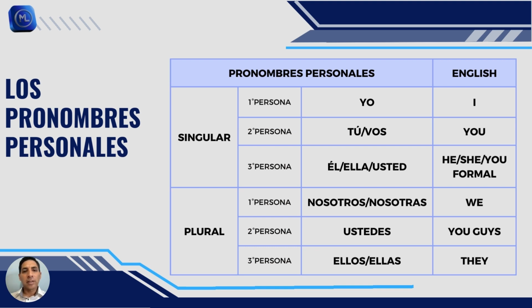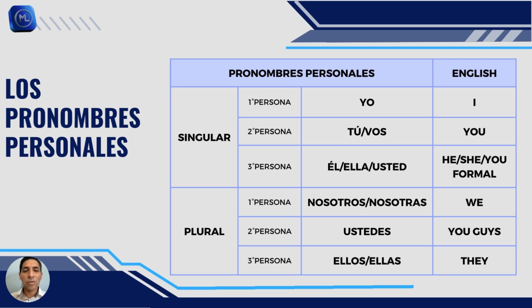So let's start. In singular, the first person corresponding to I, that would be yo or yo. The pronunciation yo is for Argentina, Uruguay, some other countries, whereas yo is the most accepted one. So you can hear me say yo and yo.